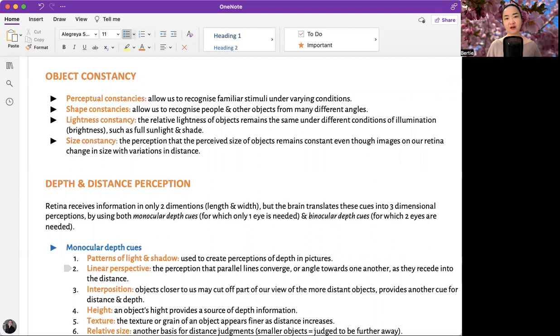The relative lightness of objects remains the same under different conditions of illumination, such as full sunlight and shade. Size constancy. The perceived size of objects remains constant, even though images on our retina change in size with variations in distance.